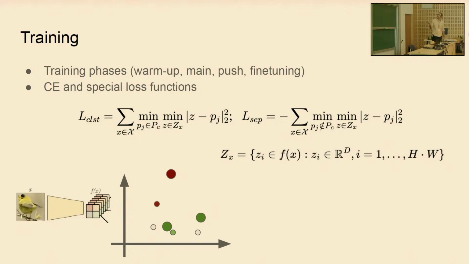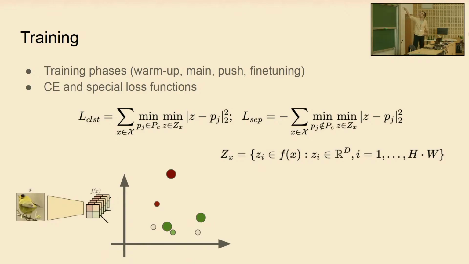Okay, and what do we do? Well, the first loss function, clustering, tries to find the prototype of the class of X which is closest to one of the representations of this image.